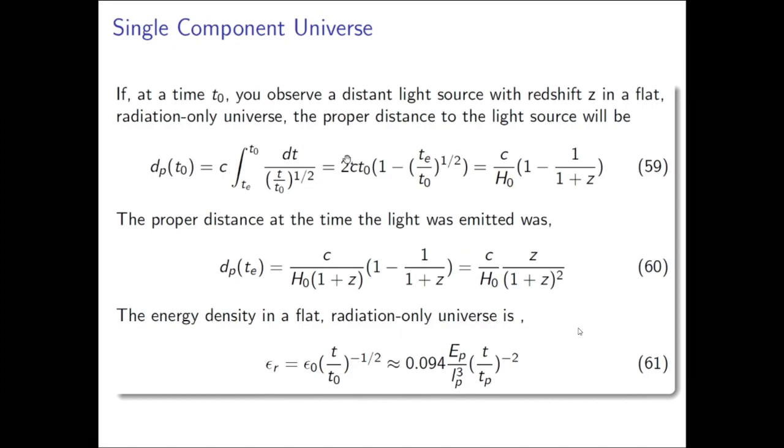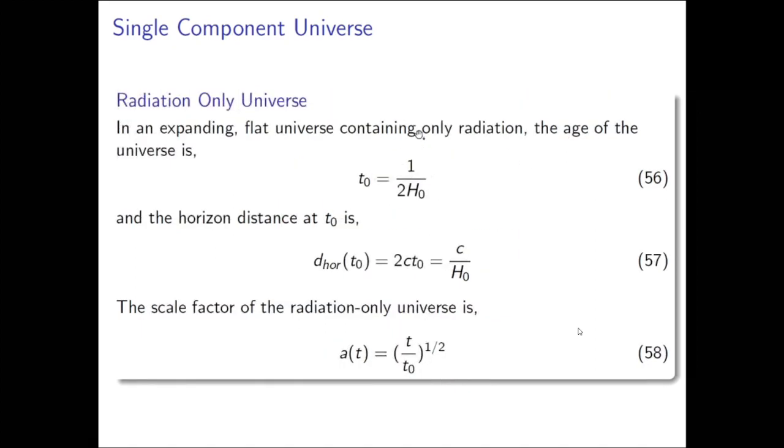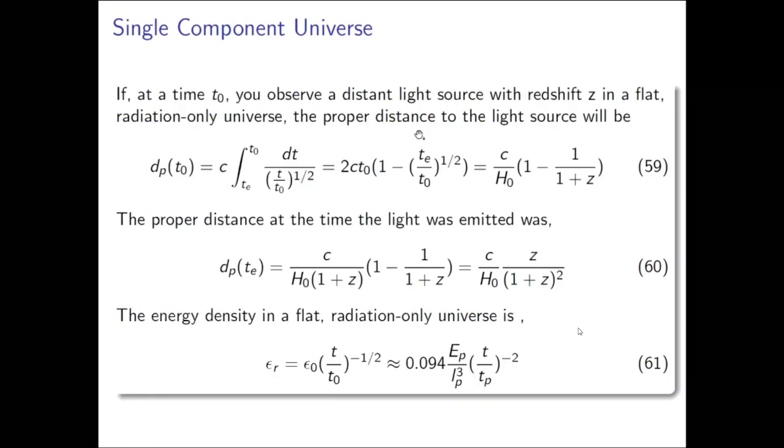So redshifts in a flat radiation only universe. Again, we make the necessary substitutions after the individual values that we have seen here. So we get the relation in equation number 59, that is c by H naught times 1 minus 1 by 1 plus z, for the proper distance at the time of observation. And the proper distance at the time of emission can be given by c by H naught times z by (1 plus z) whole squared.